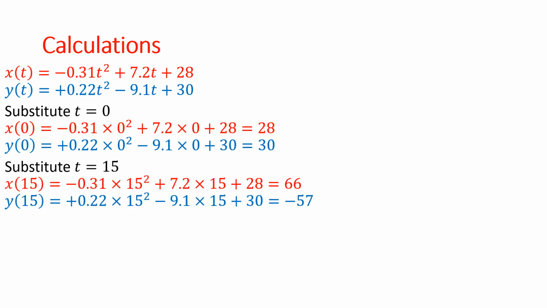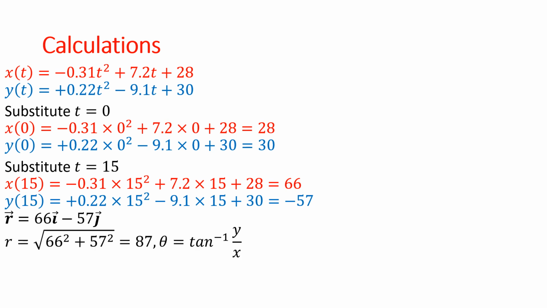So here you can work out approximately x of 15 is equal to 66 and y of 15 is equal to minus 57. So r bar can be written as 66 i minus 57 j cap, and r will be under root of x square plus y square.